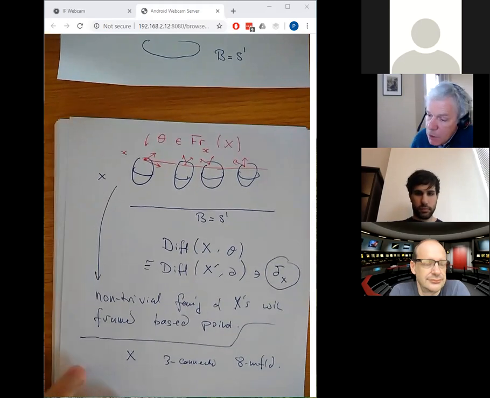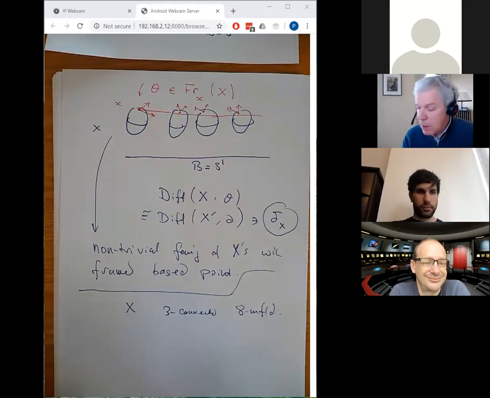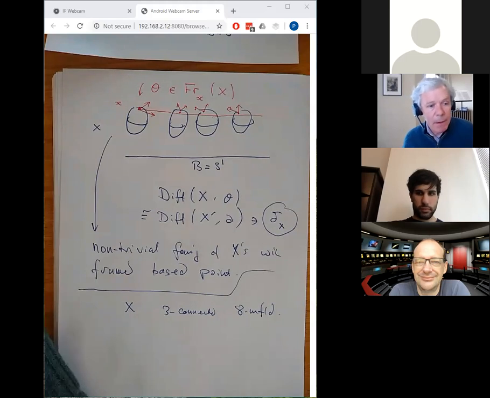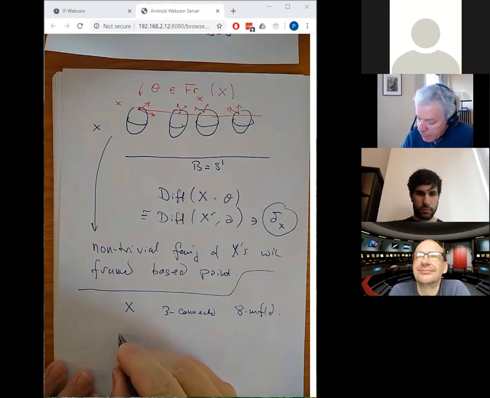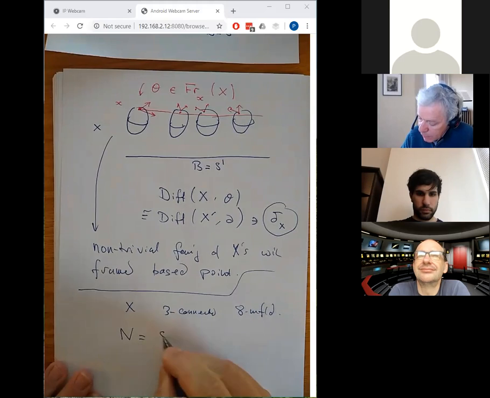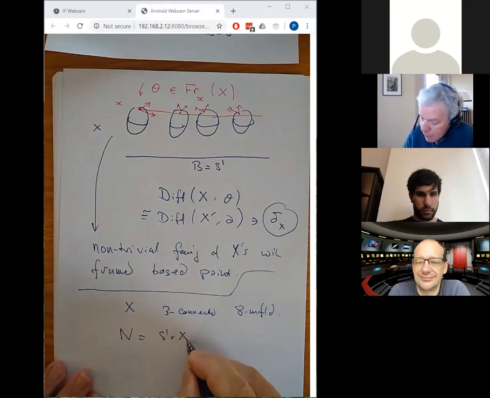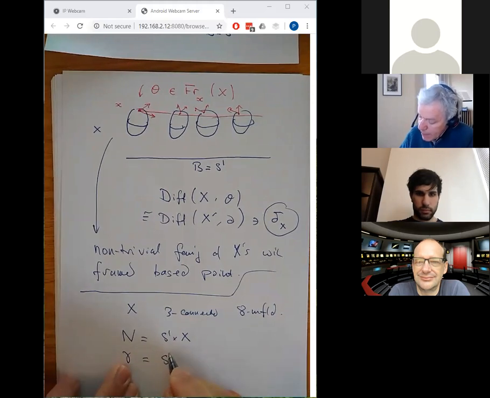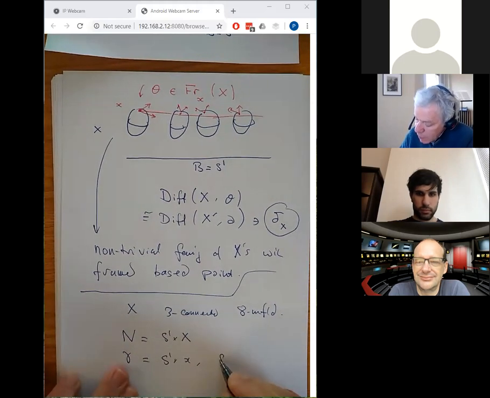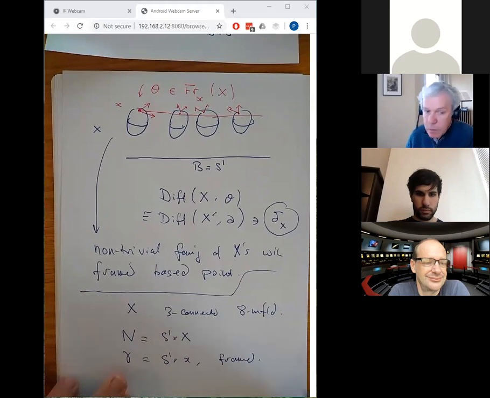And being good topologists, as soon as we see a manifold with a framed circle in it, we straight away do surgery on the circle. There's this 9-manifold S1 times X, with this curve in it, framed in an interesting way, and we do just traditional surgery.